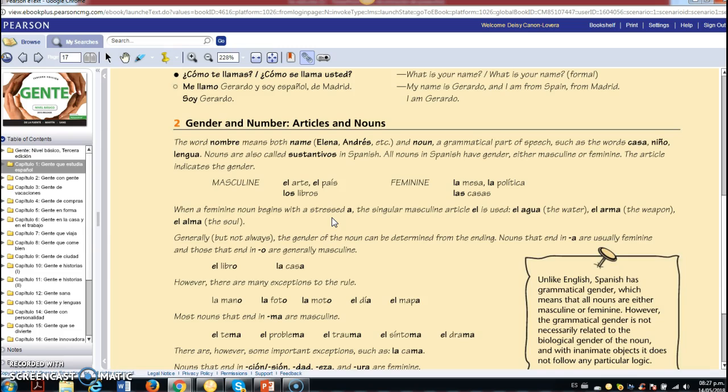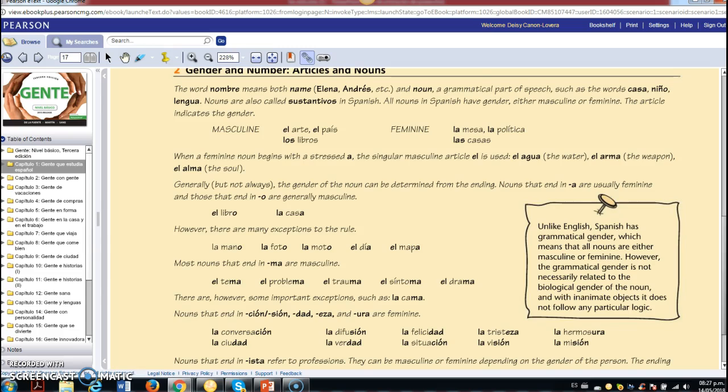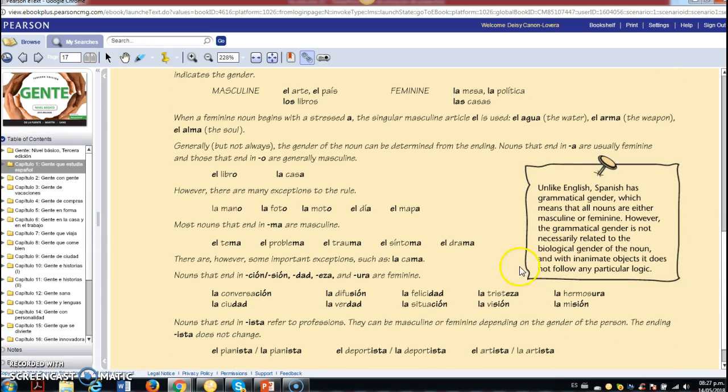Most of the time we think that if the word ends in the vowel a, the noun is feminine, and if the noun ends in o, it's masculine, and there are some exceptions, many exceptions that you have to pay attention to. So please read this important information related to whether the word is feminine or masculine.